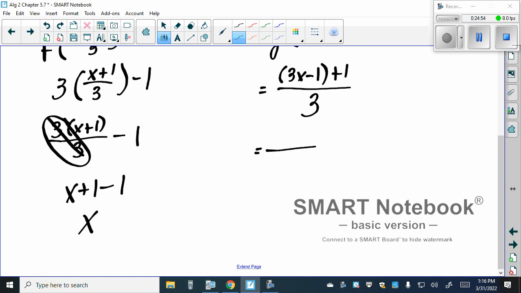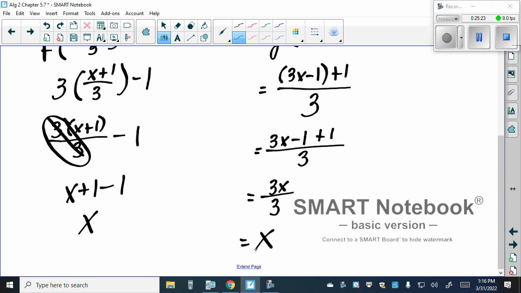Well, I can drop those parentheses because there's no sign in front of it, so the signs are going to stay the same. 3x minus 1 plus 1 over 3. Well, negative 1 plus 1 is 0. So we have 3x over 3, which is, surprise, surprise, x.